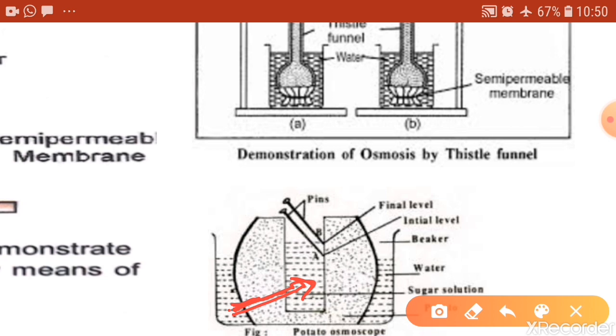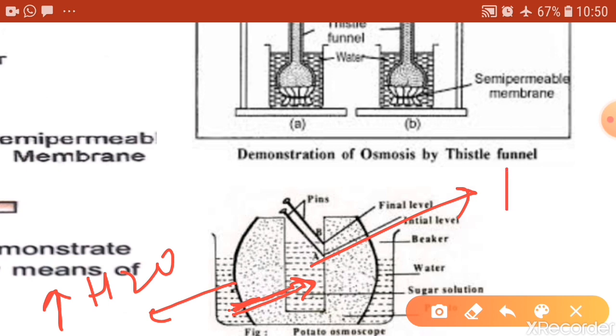This occurs because in the beaker the water concentration, the number of free water molecules, is much higher compared to inside, where you have taken sugar solution. So inside, the free water molecules are fewer, and so water enters.